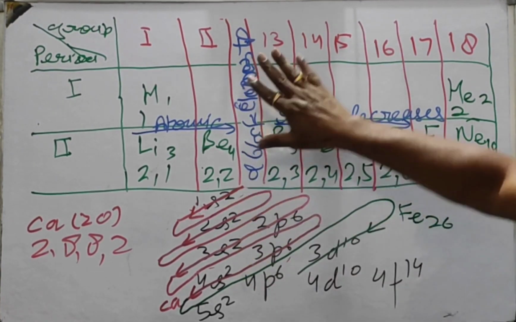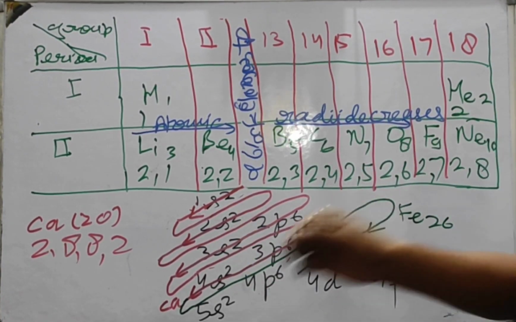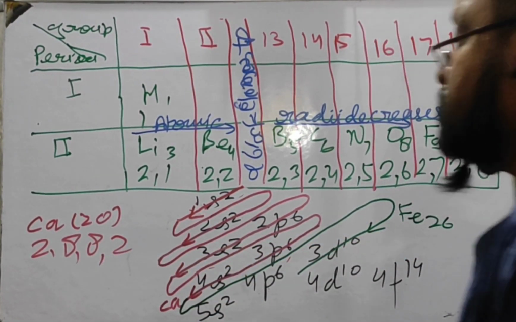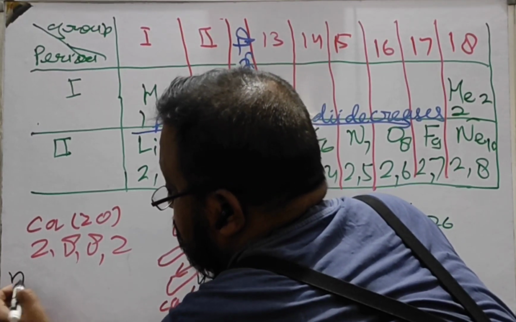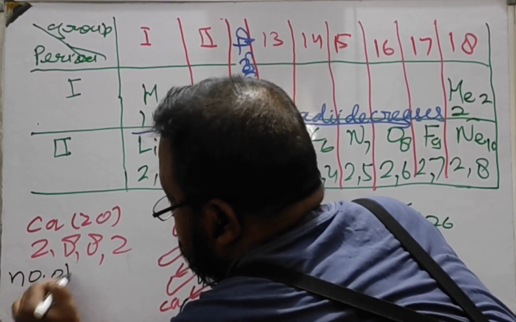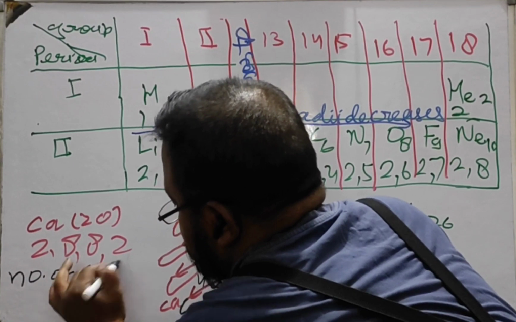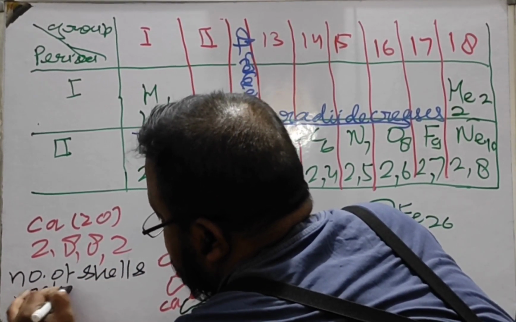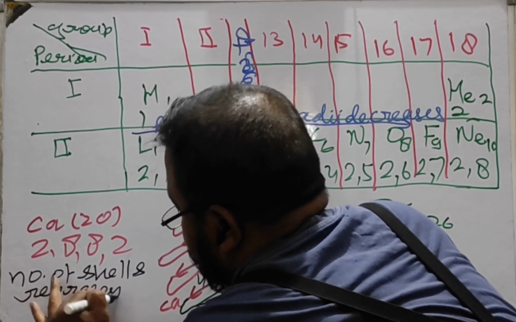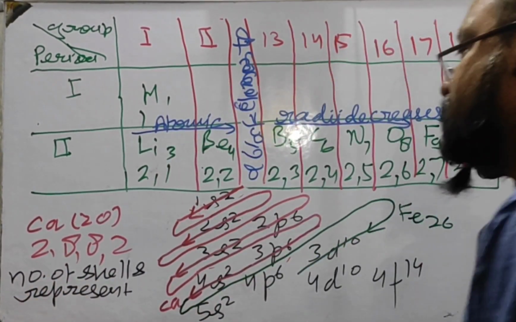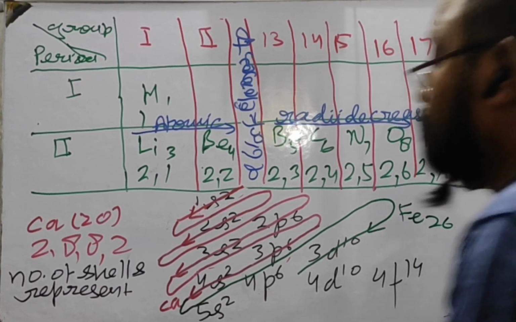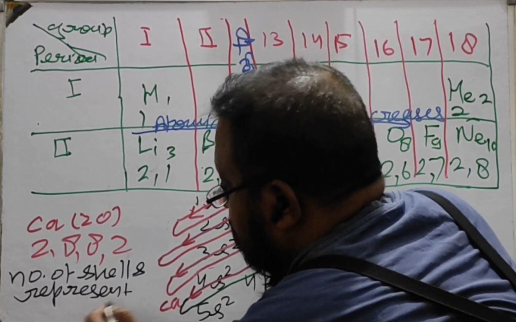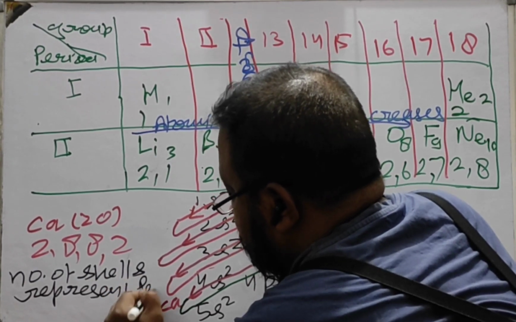And for the lower elements, what we have done is, number of shells represents the period, right?